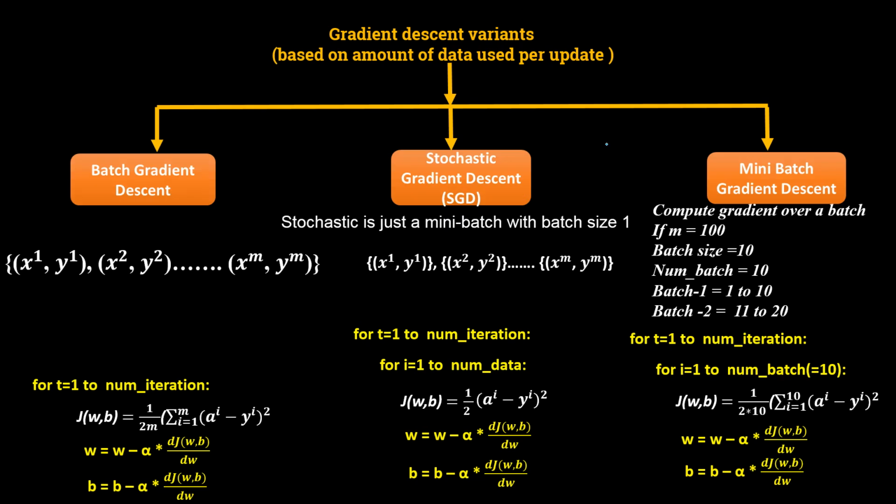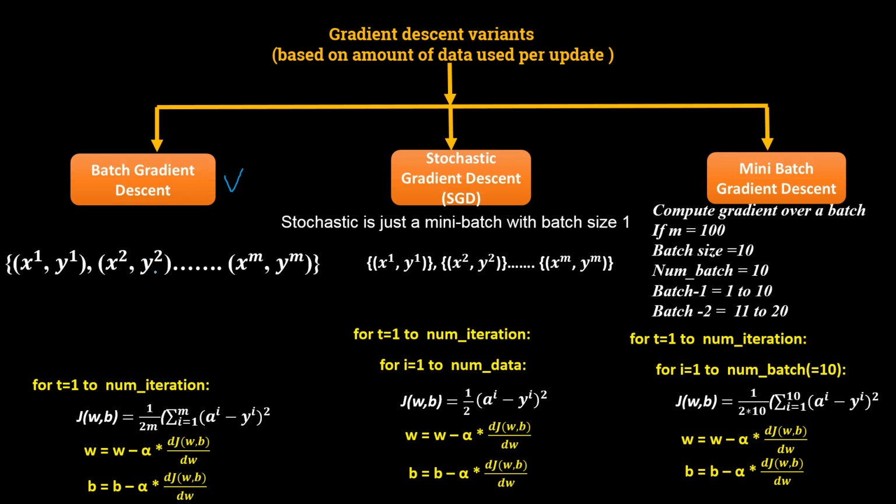Okay. So gradient descent has three variants, based on the amount of data that we use for updating our weights and parameters. There are three types: batch gradient descent, stochastic gradient descent, and mini-batch gradient descent. Batch gradient descent is what we discussed, the vanilla gradient descent.